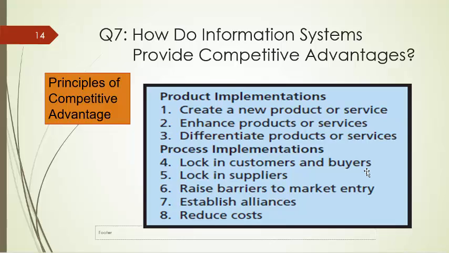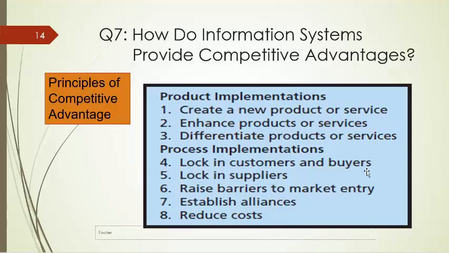The same sort of thing happens with suppliers. You make it too easy for them to continue business with you, and if they were to go somewhere else, it would become much more difficult. Again, you can use your information system to do that.